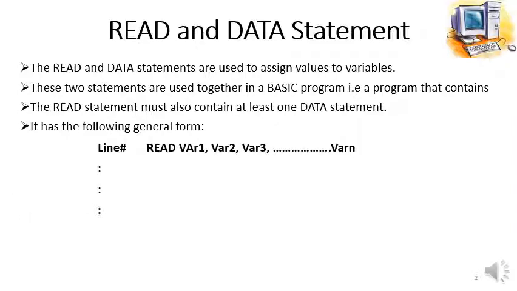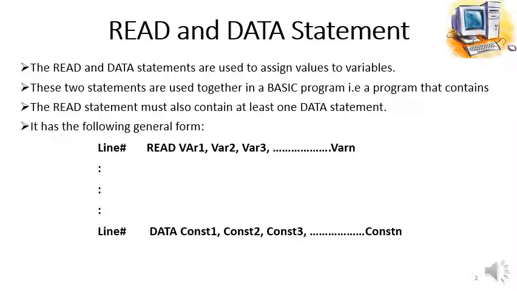Then we will write the other statements or body of the program, and before the end statement we have to write the data statement, which is after the line number we will write the keyword or the reserved word data, and after that we will write the constants: value 1, value 2, value 3.